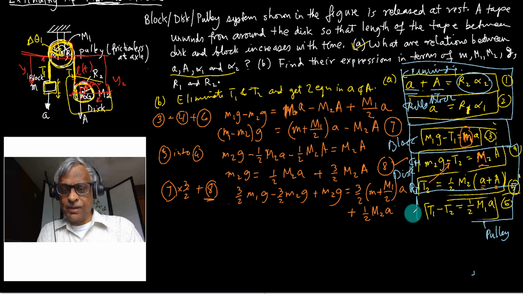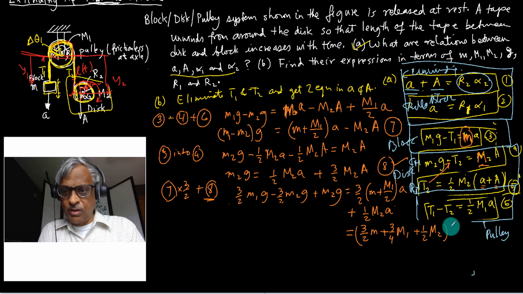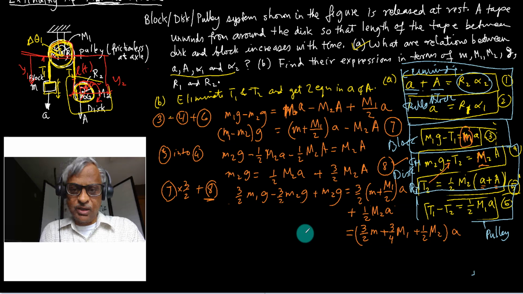So on the right side you have 3/2 m plus 3/4 m1 plus half m2, and a, and on the left side you have 3/2 m1 minus half m2 g.